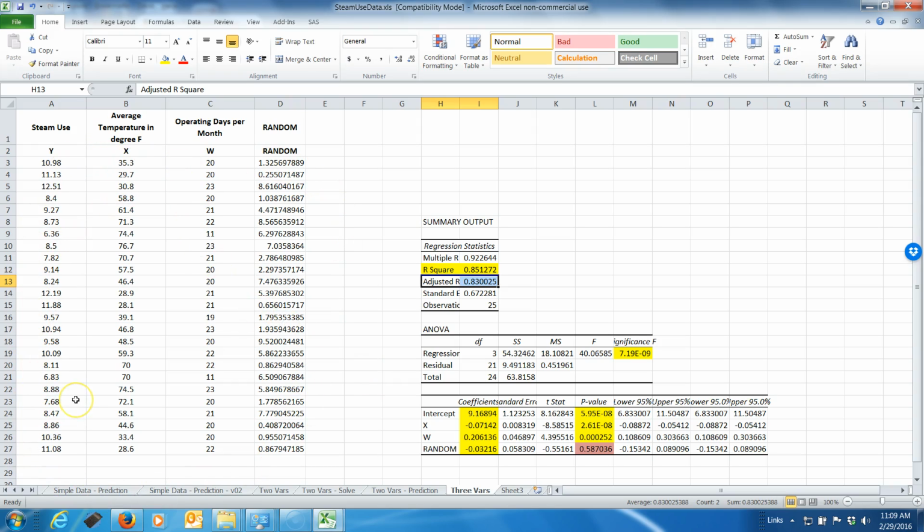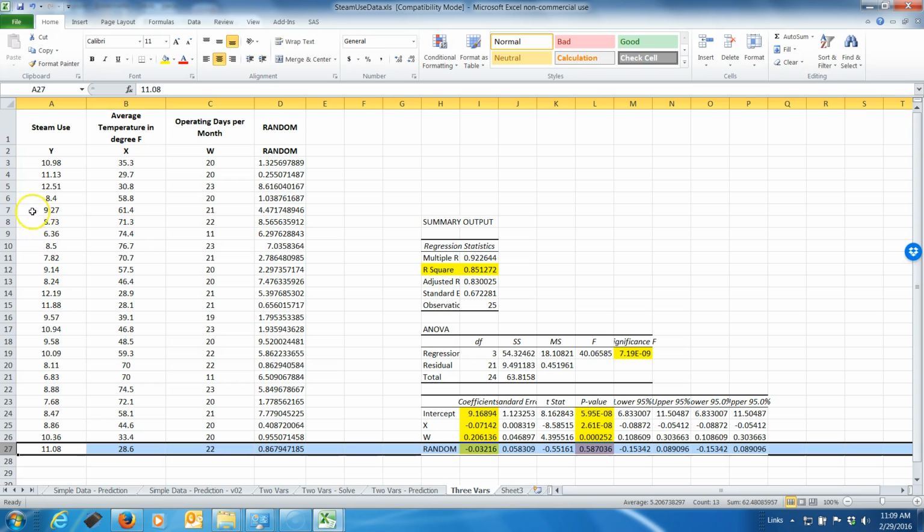As you start putting more and more data into the model, the probability changes. Right now I have 24 records, I think, here. If I had 24,000, the probability that this random variable is going to get lucky suddenly becomes a lot less. So one of the things you also have to remember when you're building your predictive models is to exercise common sense.